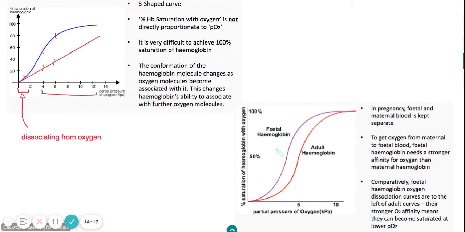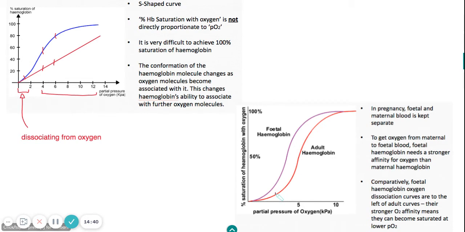So if you look at this graph here, fetal hemoglobin is better at associating with oxygen at the same partial pressures compared to adult hemoglobin. Let's look at, it doesn't matter which one, but let's go with 2.5, with partial pressure of 3.